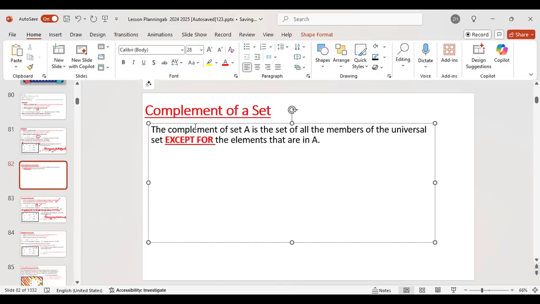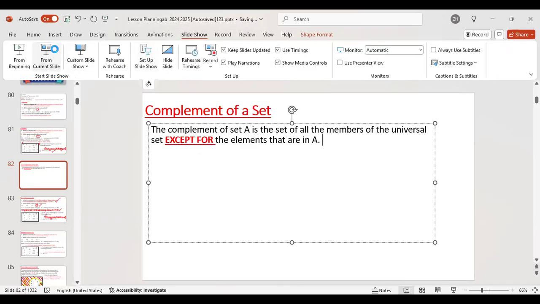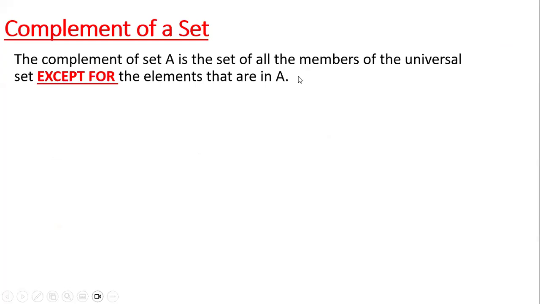Except for. In the complement of a set, you're going to have all of the elements of the universal set, except for the elements that are in A.